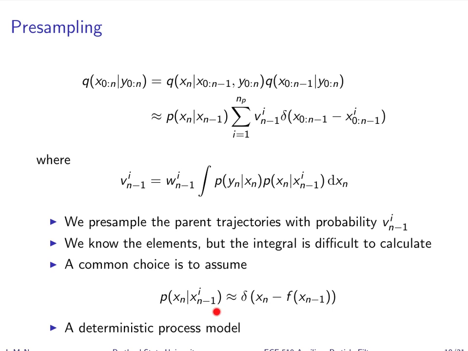But the way that they get around the idea of evaluating this integral is they say, let's assume that this prior probability is an impulse, because integrating impulses is easy. We can compute with that. Let's make it an impulse where it's x of n minus f of x of n minus 1.